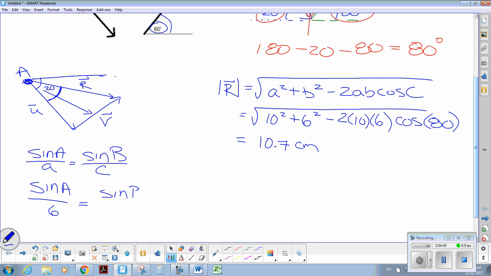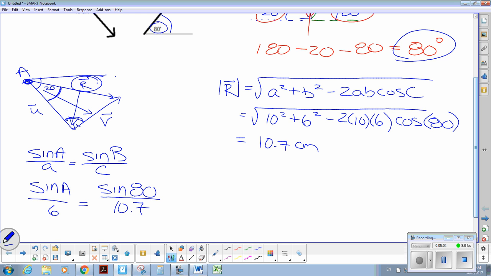Over it goes the sine of the angle opposite the resultant, which is 80 degrees, so it's sine of 80 degrees, found up in the cosine law, and the resultant I just found, 10.7.